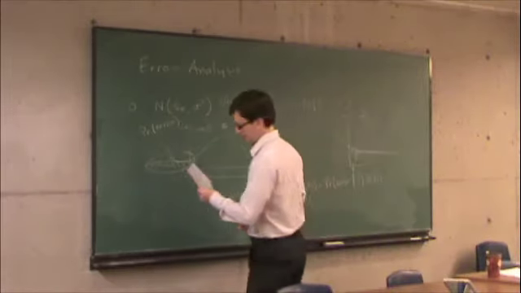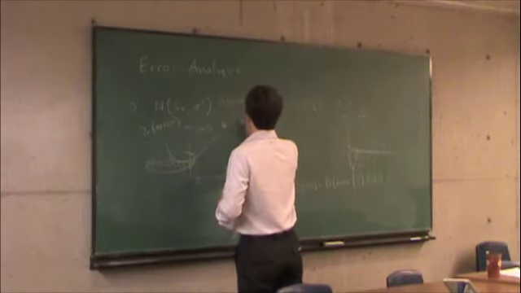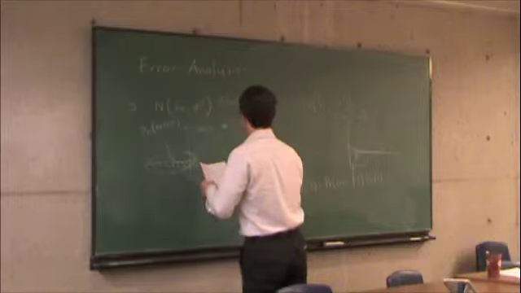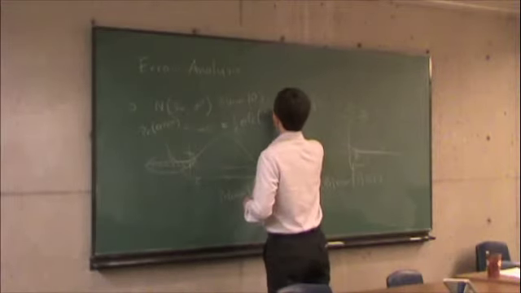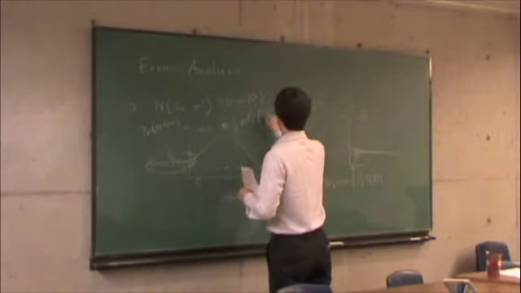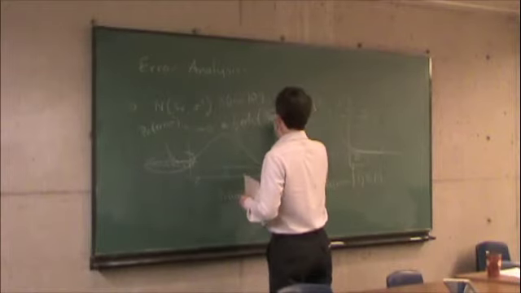That was given by, we showed last time, 1/2 ERFC of S0 minus Z divided by the square root of 2 sigma squared.